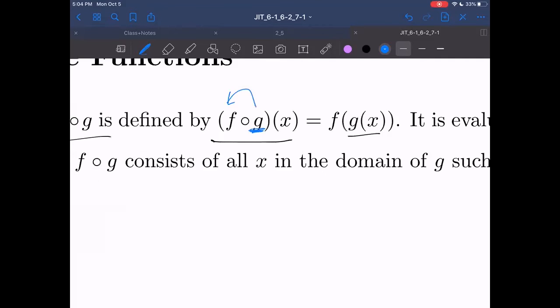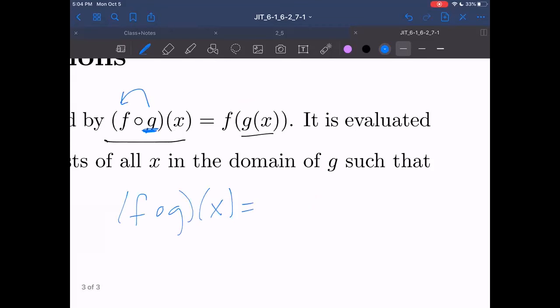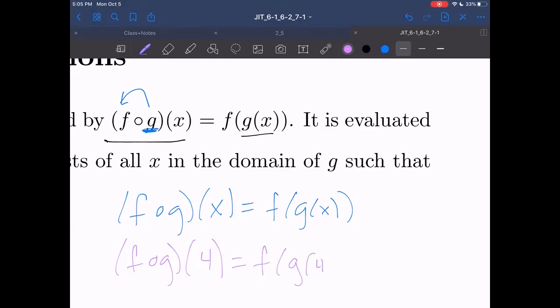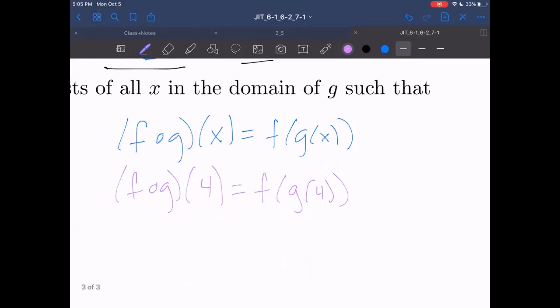If I've got f of g of x, when you evaluate this at a number, so let's say f of g of 4, I'm going to do this in 2 steps.